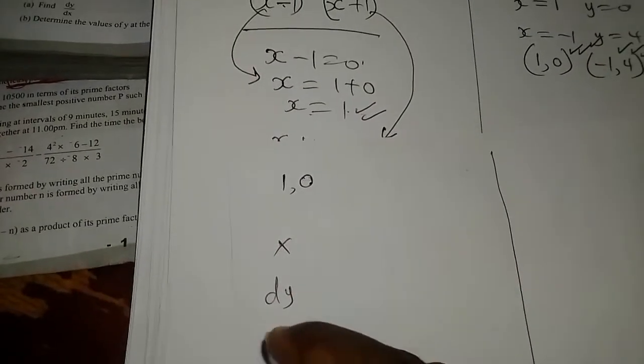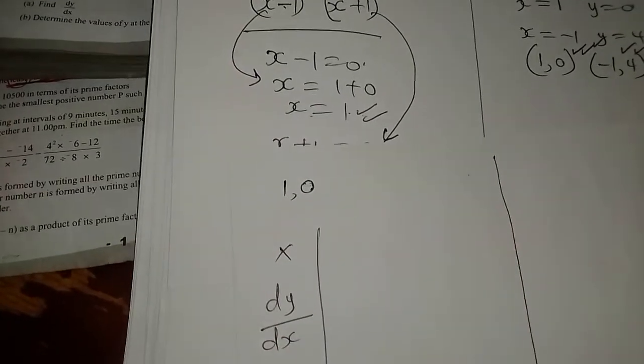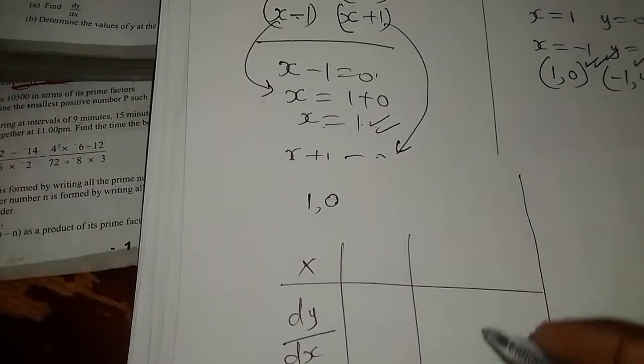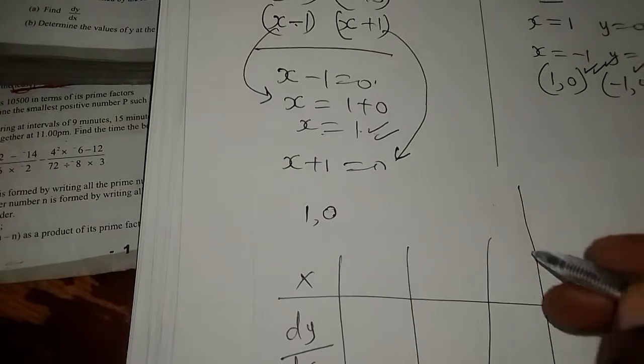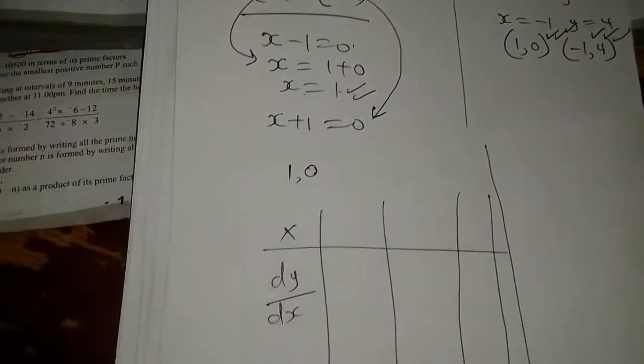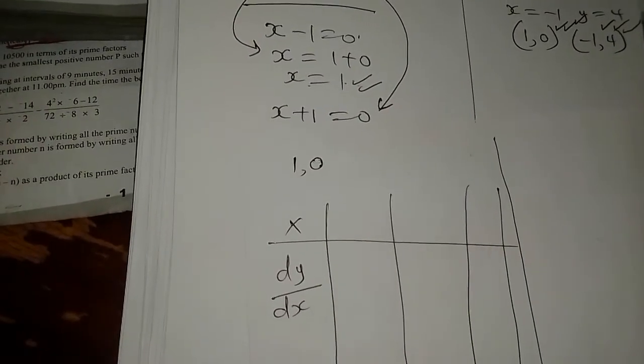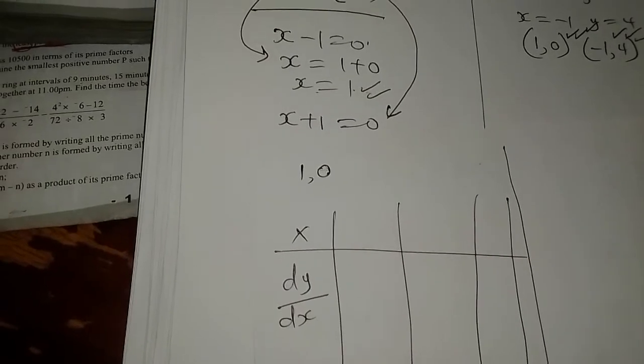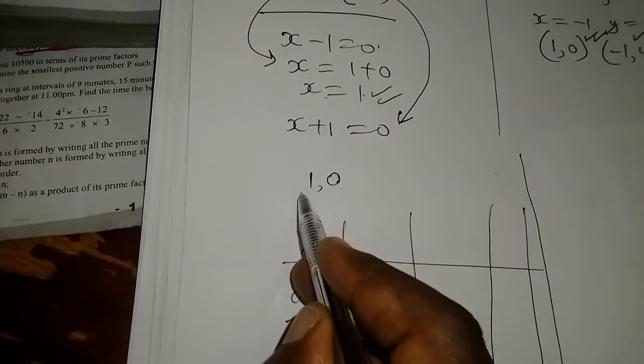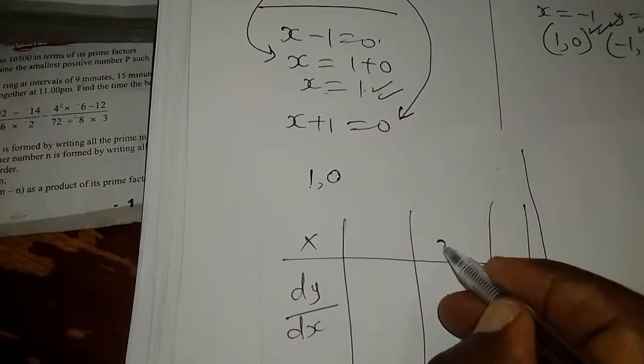I'll write here x, and I'll write here dy/dx. We are trying to look at the nature of the turning points of the curve: is it a maximum turning point or a minimum turning point? Pick the value of x, which is 1, and write it in the middle.